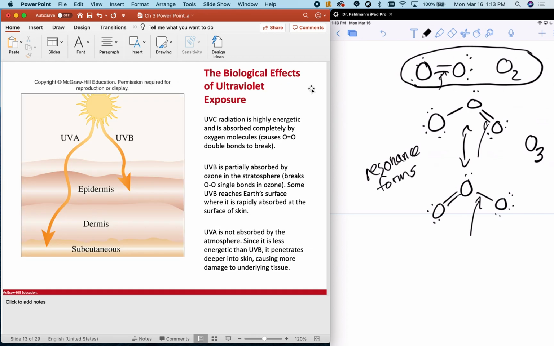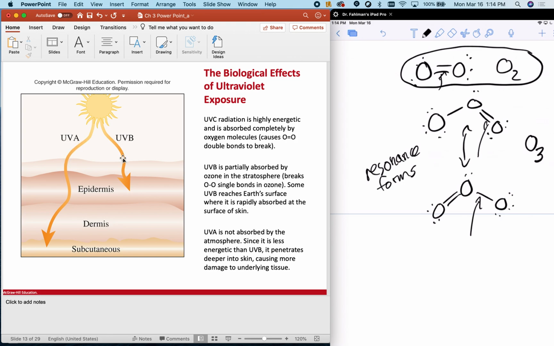So this is what I was talking about. I think I showed this before, but UVA, even though it is less energetic, actually goes farther into the skin, and so that causes more skin cancer, just because it is not absorbed. It's not so reactive.